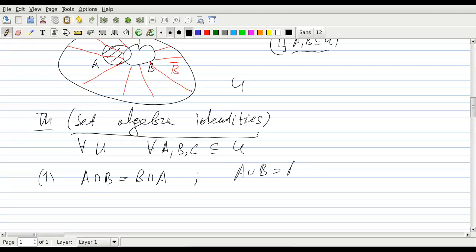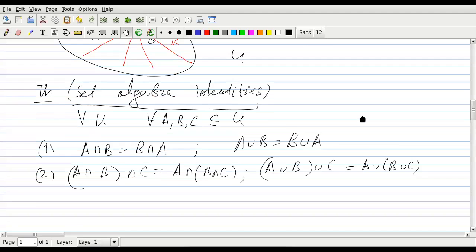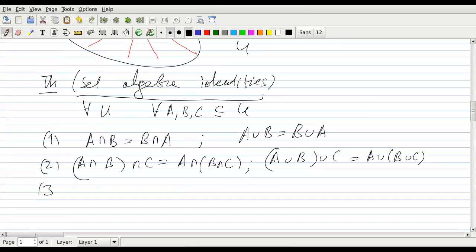And likewise, the union is also commutative. The intersection is associative. It enjoys the associativity property as well as the union. What else?